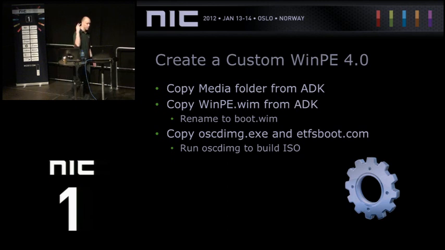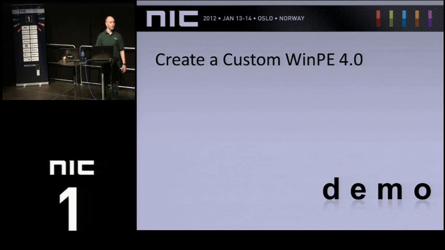But to create a brand new Windows PE 4 image, we need that ADK kit, the Assessment and Deployment Kit. And we simply need to get the folder from that kit, we need to get the WinPE WIM file from that kit, and then we need a few more files to be able to create and manage that WIM file and to create, for example, bootable ISO files. So this is what we need, and this is how we do it.